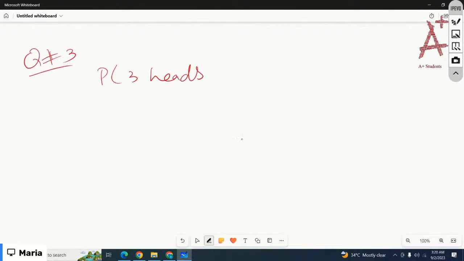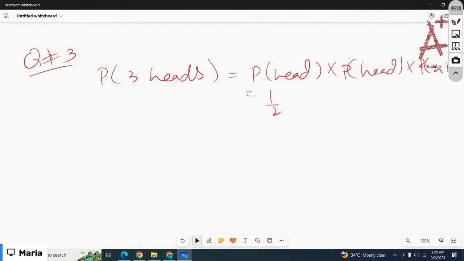That means every time you have to do probability of head times probability of head times probability of head. And for the head, we know that the probability is 1 over 2 because the events are independent, right? You have the same coin, so the outcome has the same ways, 1 over 2 times 1 over 2 times 1 over 2. So it would be 1 over 8, right?